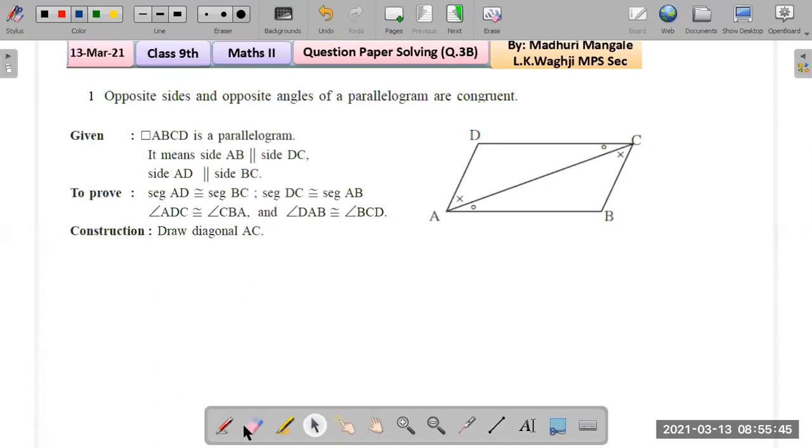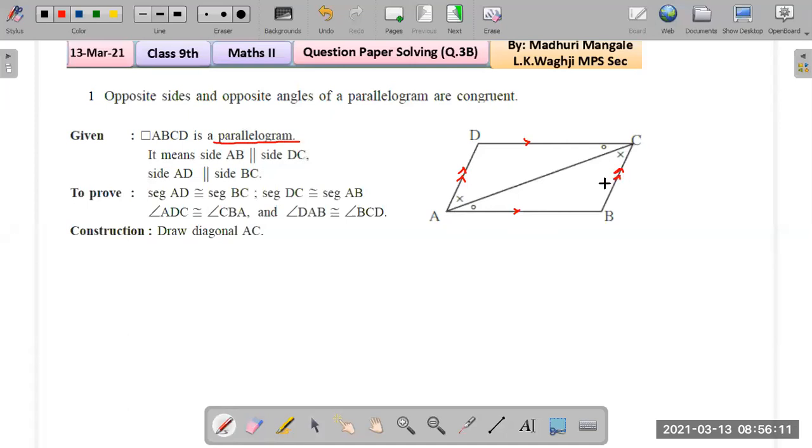So here we start by writing the given, that is the parallelogram ABCD. It's a parallelogram, fine. And what does that mean? It means that the opposite sides are parallel. What are the opposite sides? For AB, the opposite side is DC, and for AD, the opposite side is BC.